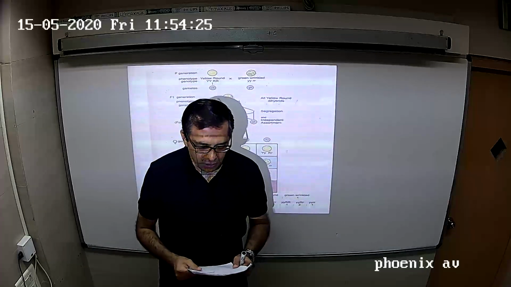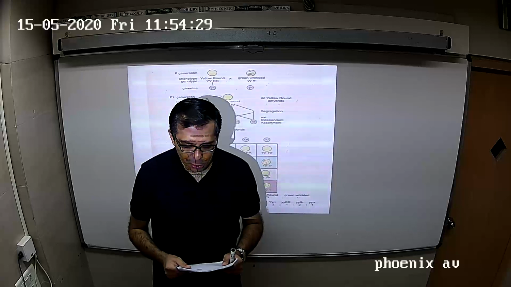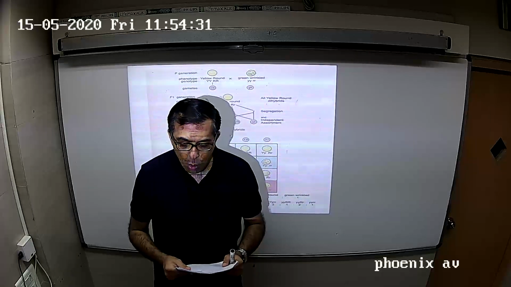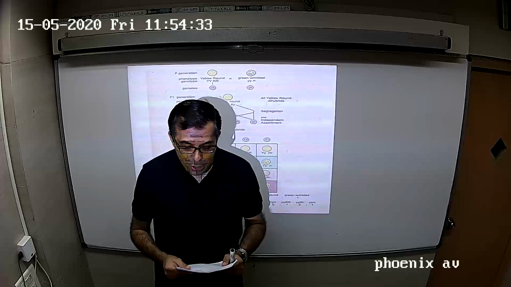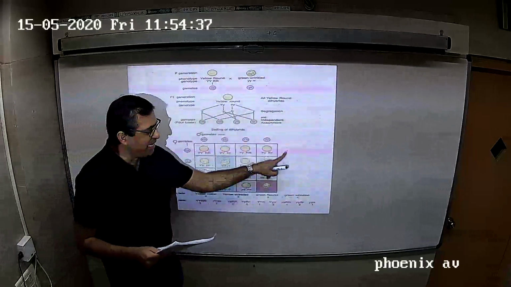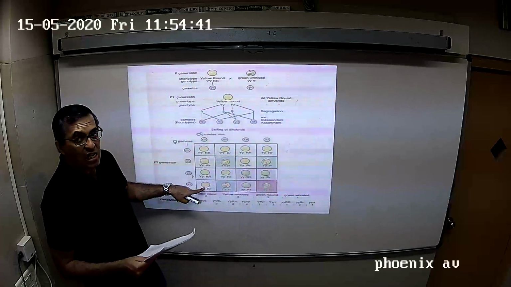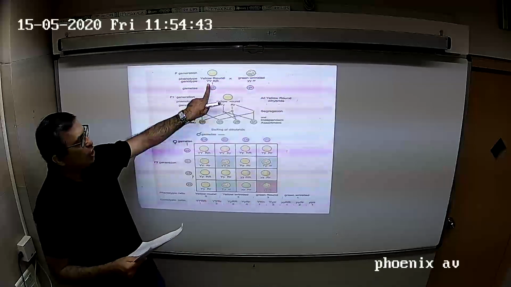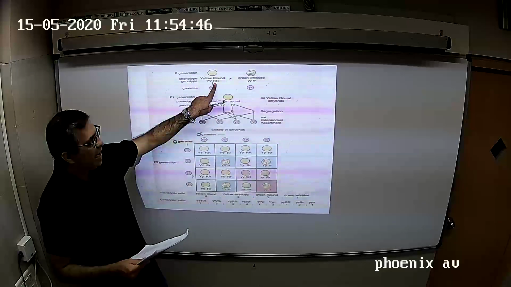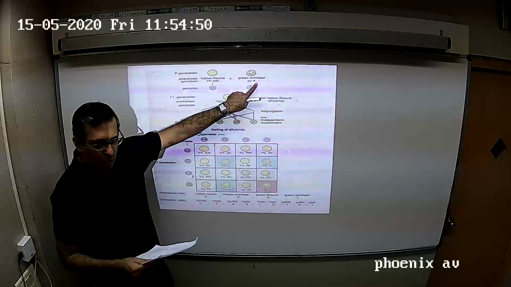The first question, in the F2 generation of a dihybrid ratio, the ratio of original genotypes and new genotypes will be. Sir, in a dihybrid ratio, which are the original genotypes? Original genotype was capital Y, capital Y, capital R, capital R, and small y, small y, small r, small r.